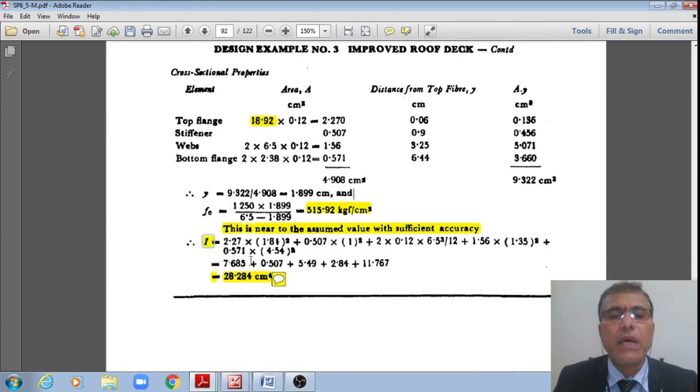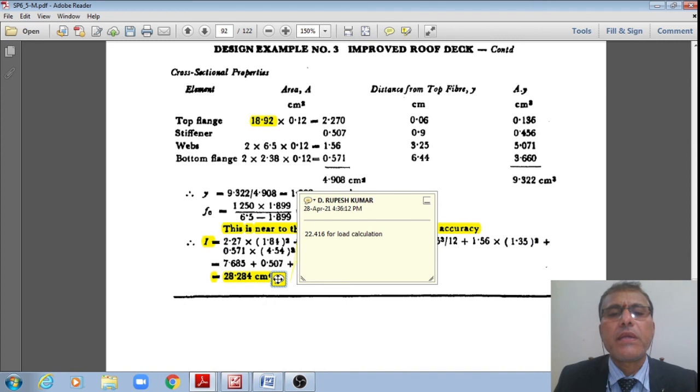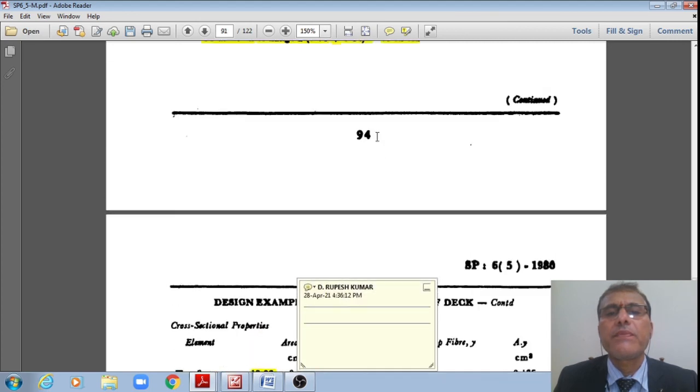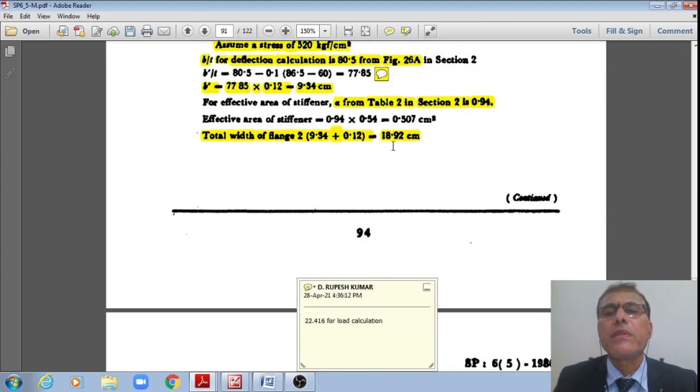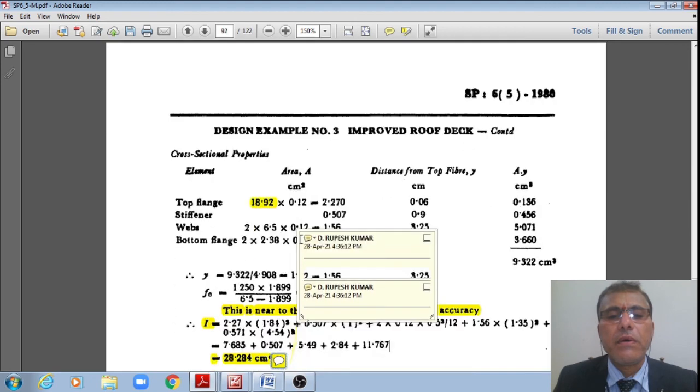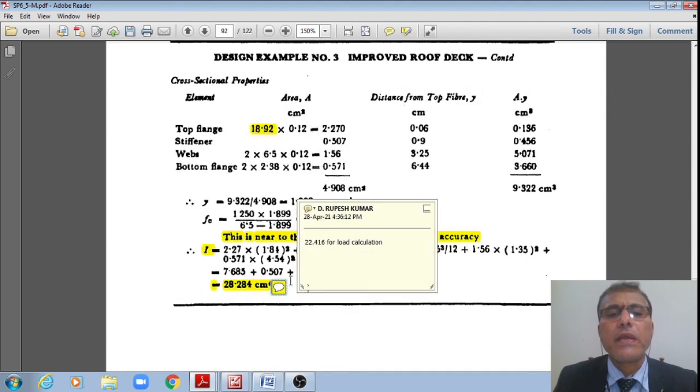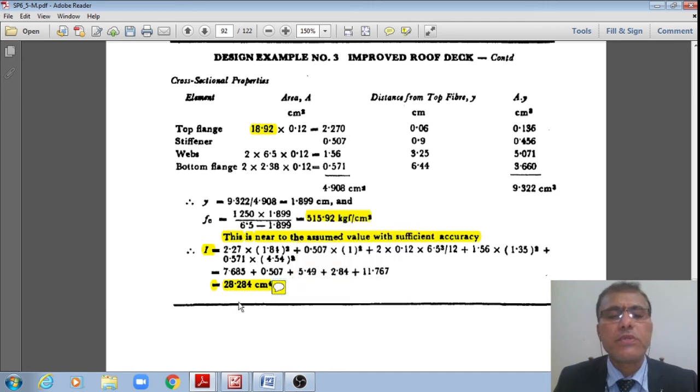Therefore, the moment of inertia now works out. I will not go through this; you know how to calculate the moment of inertia. It works out to 28.416, because this is not 18.92, student, because there was an error. If I delete that error, the moment of inertia works out to 28.284.